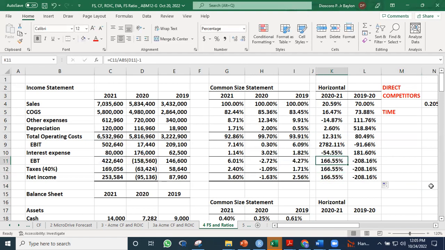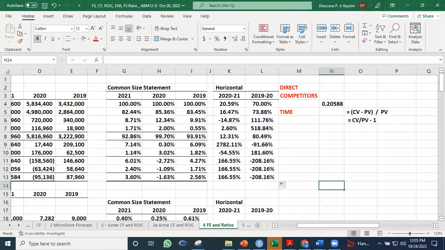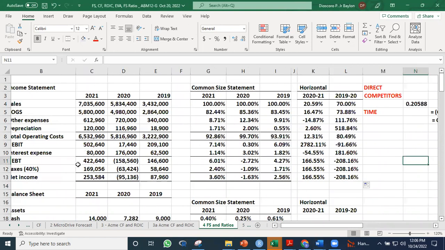Okay, this formula. So I will leave you to think, ilan yung percentage change from negative 158,560 hanggang 422,640? Sa number line, magsisimula ka sa negative 158,560, tapos magiging 422,640 ka.